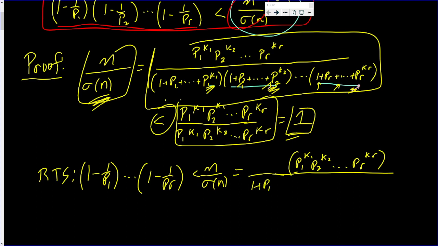It's 1 plus p1 plus p1 squared, all the way up to p1 to the k1, dot dot dot, 1 plus p r to the first, all the way down to plus p r to the k r.